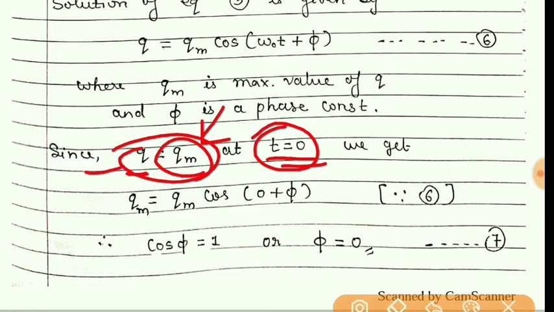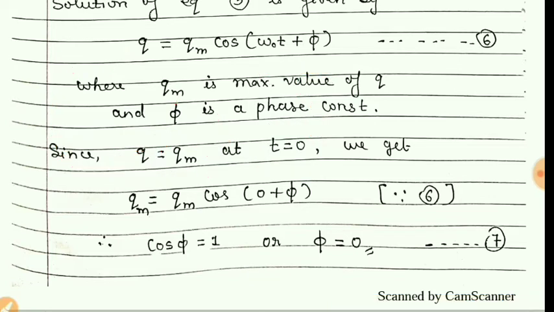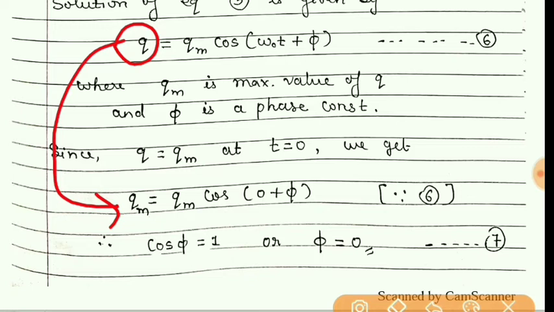Applying this condition, in place of Q we keep Qm, and in place of t we put 0, so 0 into omega naught will be 0.